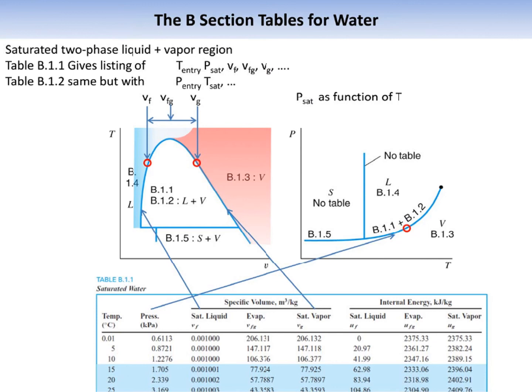In this diagram, we have studied that there are five regions: compressed liquid, saturated liquid, liquid plus vapor, saturated vapors, and superheated vapors. So these are five regions that were present on the TV diagram.